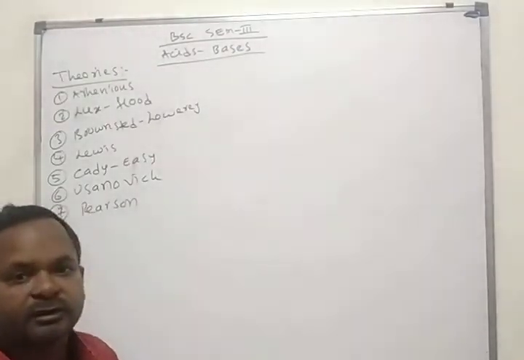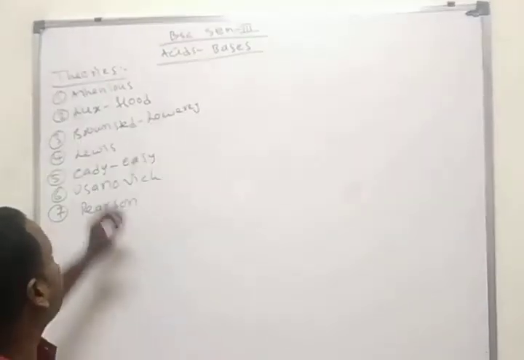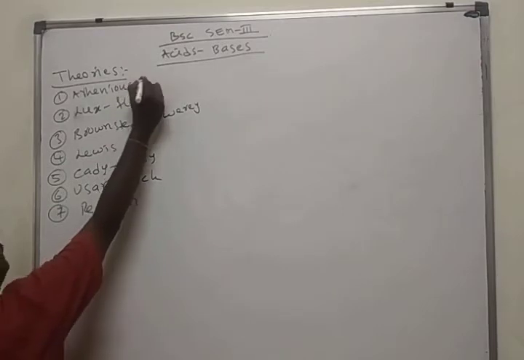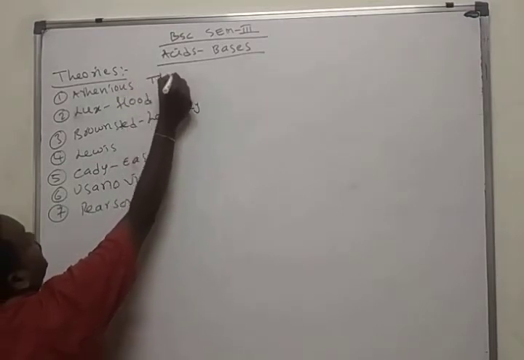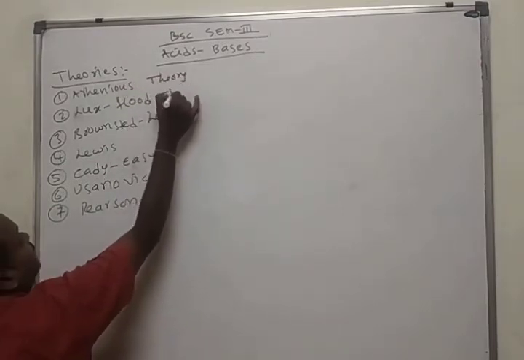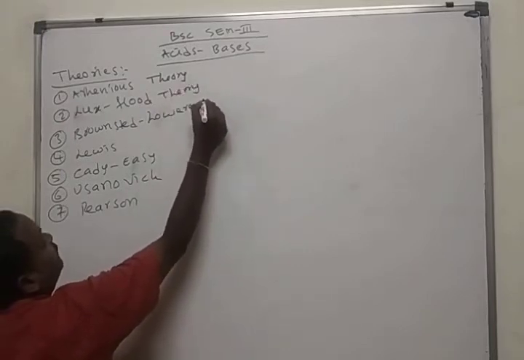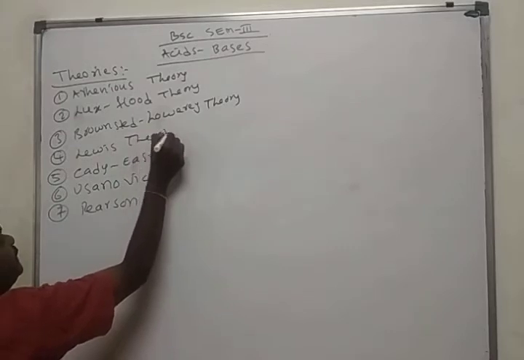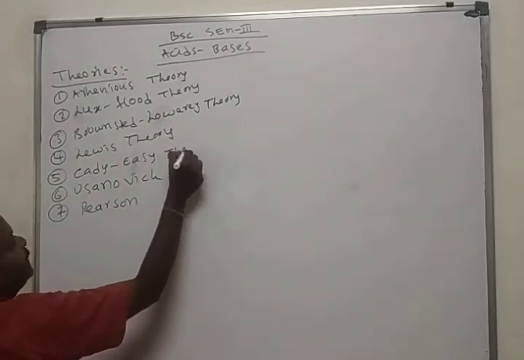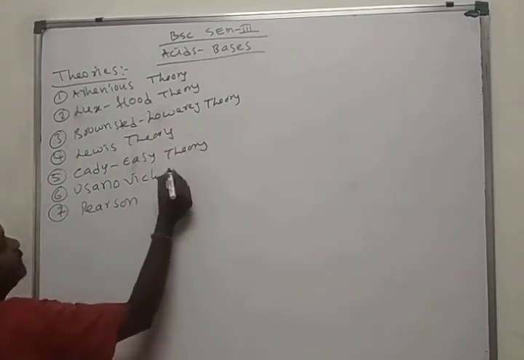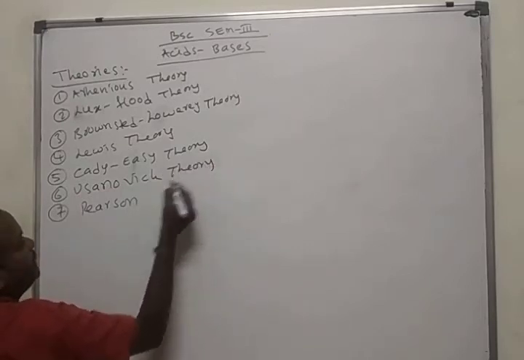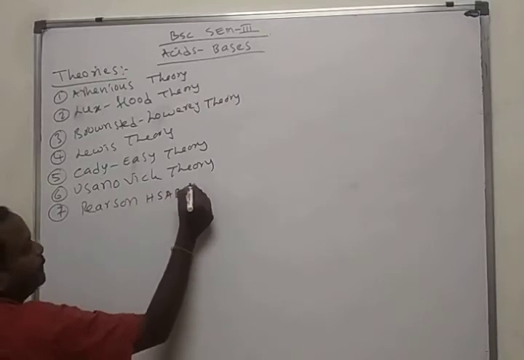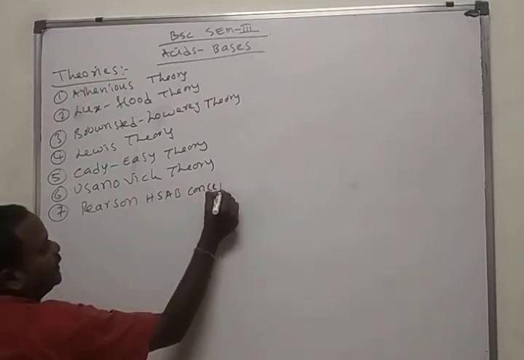The important theories are: first, Arrhenius acid-base theory, Lux-Flood theory, Bronsted-Lowry acid-base theory, Lewis acid-base theory, Usanovich theory, and Pearson's HSAB theory. The HSAB concept we also call a theory.